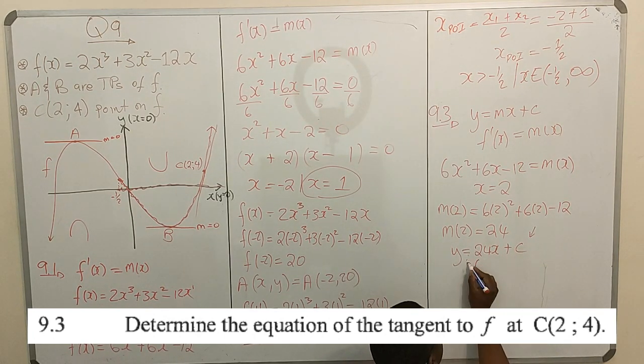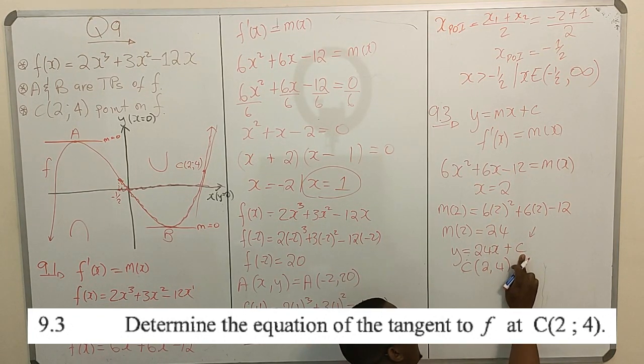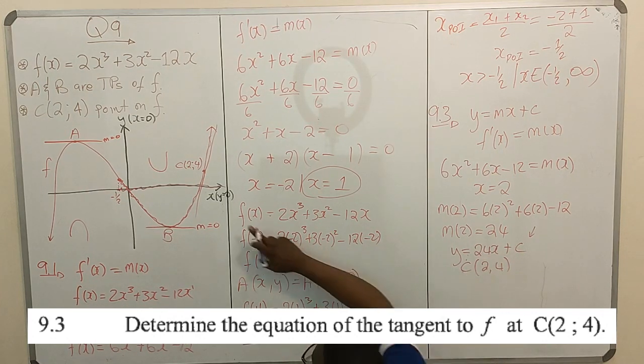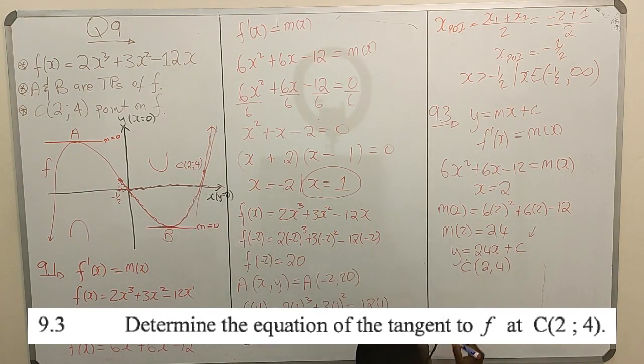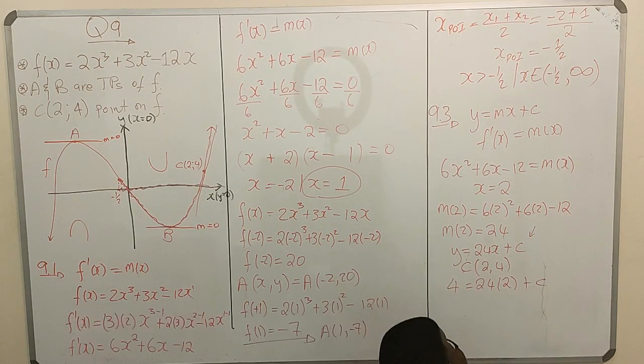The coordinates of the point C that we're given are (2, 4). These c's are different. This one is the y-intercept, and this one is the point that we're given there. So we want to find the equation of a line, right? 4 is equal to 24 into 2 plus c.